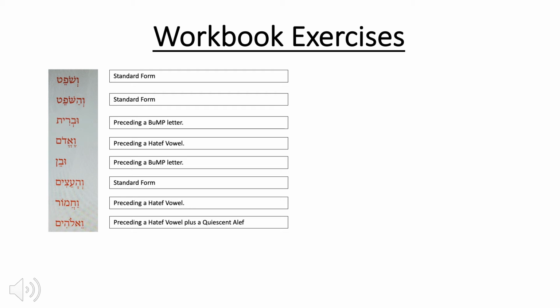Instead, it's simply assisting or helping out with that previous vowel, keeping that vowel from reducing, so that we wouldn't get velohim with a shva underneath the vav, but instead we have a long vowel that has lengthened from the segol to a sere when the aleph quiesced. So here we have what should have been a hatef vowel, but with the quiescent aleph becomes not a segol, but a sere. Again, very tricksy. Don't feel too bad if you didn't get that one. All right, let's move on to our next set of exercises.